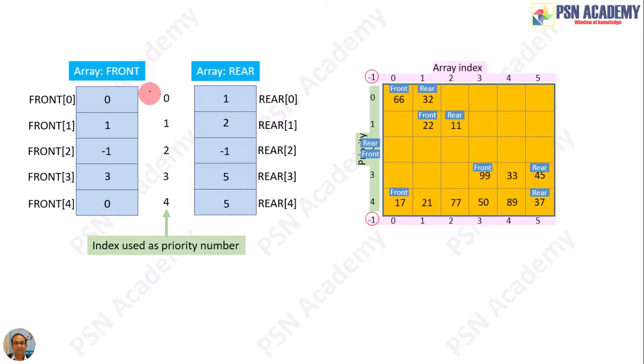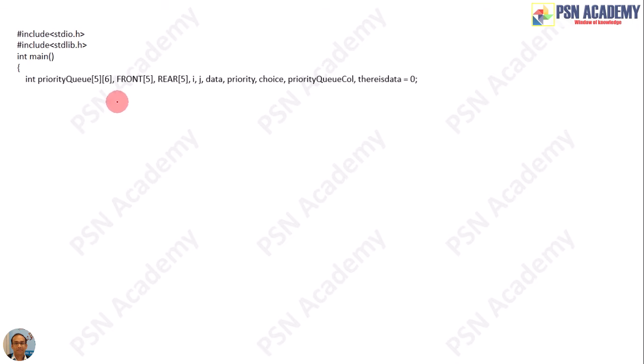On the contrary, for deletion from this queue, we will find the new position of the front as we have done before in a conventional queue. So for insertion, we have to take care of the rear, and for deletion, we have to take care of the front. Let us write the code here.